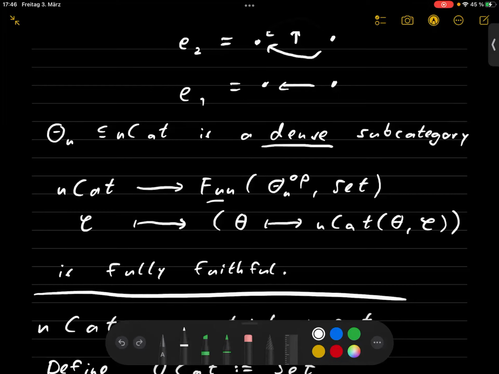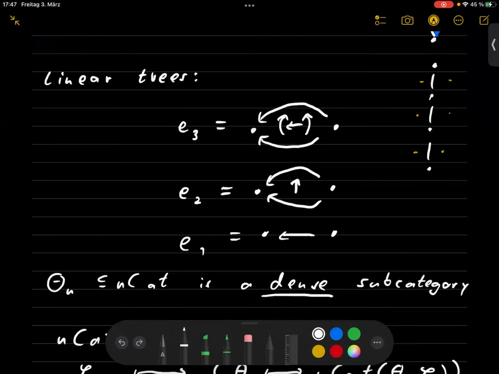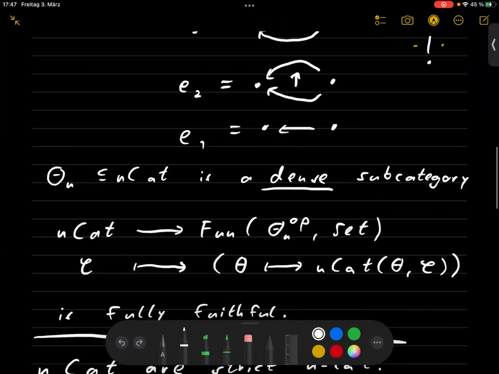think of presheaves on Theta n. This at least is a rather easy category in theory, because we only have specific types of categories there, and it's not too crazy. And now maybe it's possible to do something like with simplicial sets, where you have that categories go into functors from Delta op to Set, which is also a special case here.